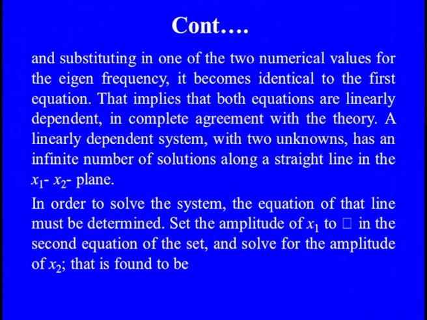A linearly dependent system with two unknowns has an infinite number of solutions. So in order to solve these equations, we need to apply numerical data to get the final solution in terms of x1 and x2.